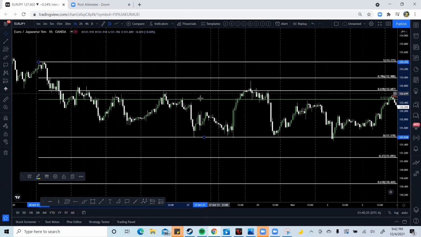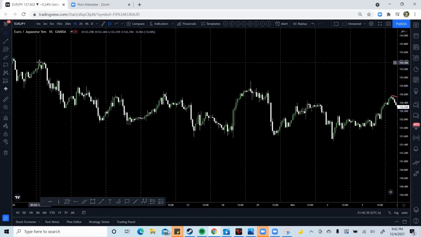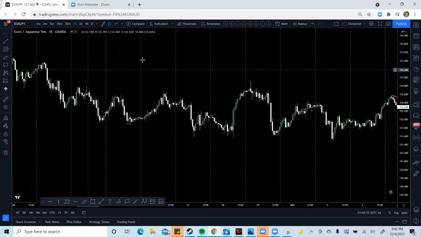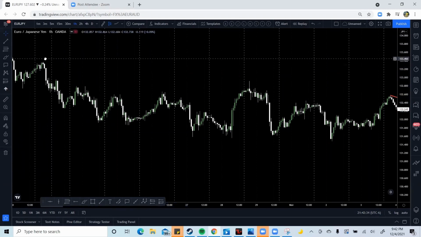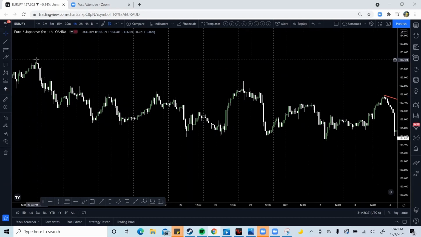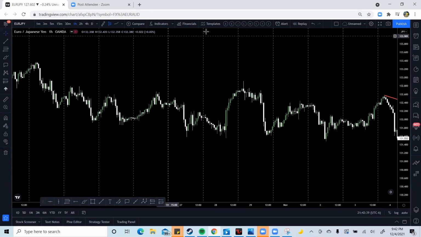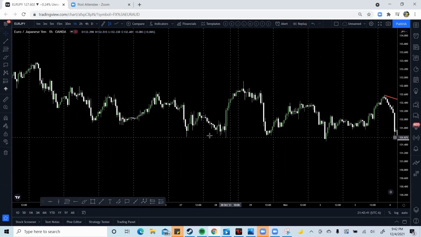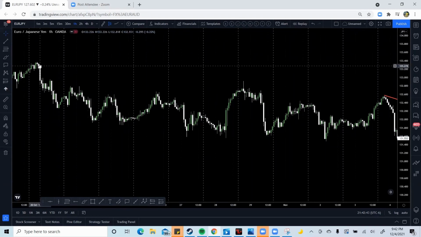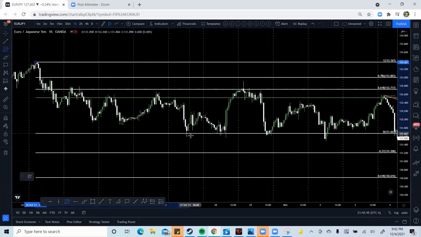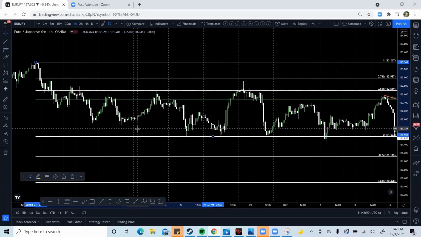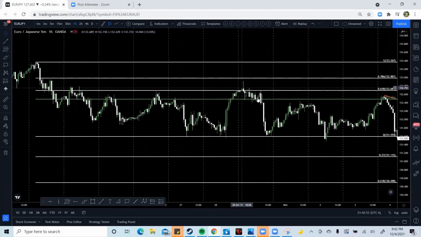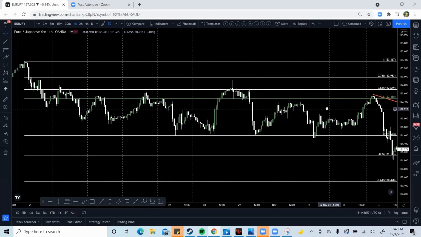So in this area, you see the way you draw Fibonacci, let's back up a little bit. In this chart, this area here is the top of price, and this area here is the bottom of price. In a downtrend, you want to draw your Fibonacci from top to bottom. And as you can see, price likes to line up at these points multiple times.